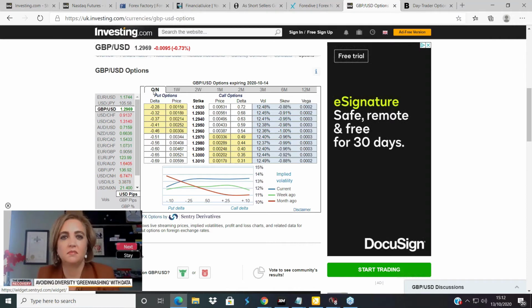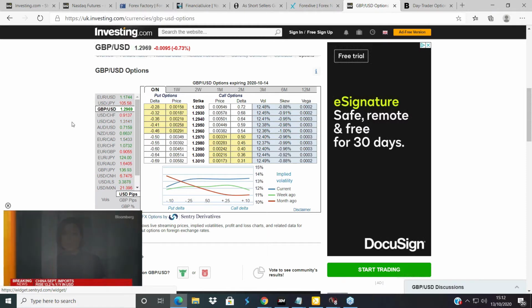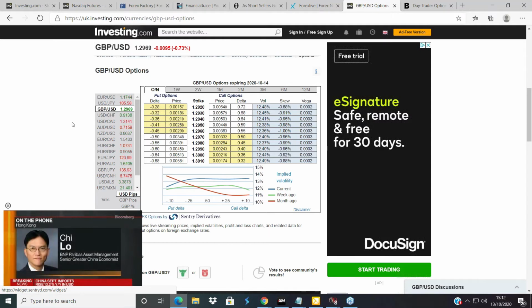This is just the overnight one, because with Brexit we are coming up to a deadline, which is the 15th of October, when apparently there is supposed to be a deal done between the EU and the UK. No deal so far. We've had contradictory comments from both sides, one saying we think there's a deal, the EU saying we're miles away from a deal.